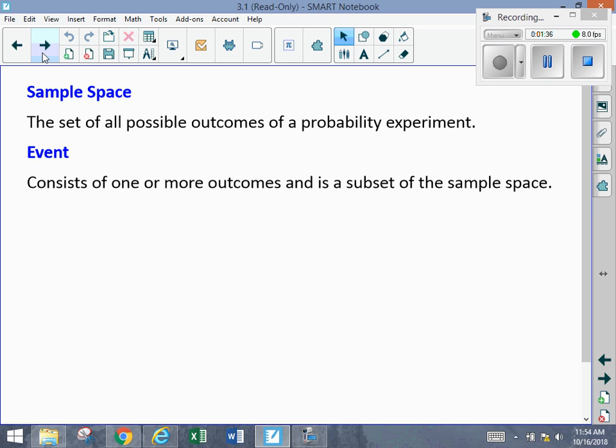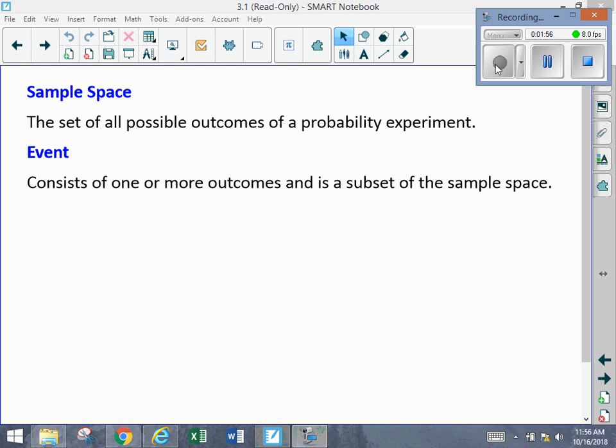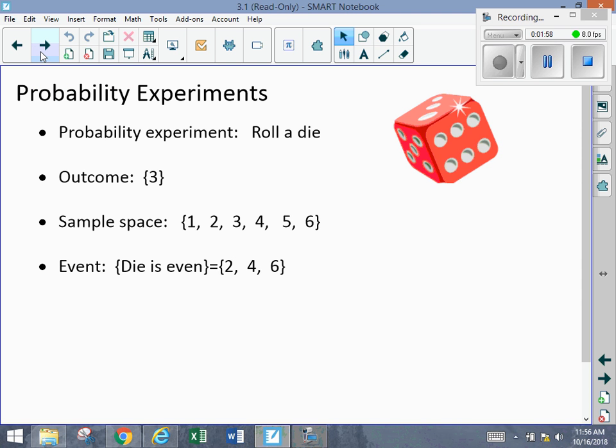An event in our sample space would be a subset that has one or more outcomes. So if I wanted to roll an even number, that would be an event because there are multiple even numbers in our sample space. So what I was talking about before, rolling a die: one outcome would be rolling a 3.